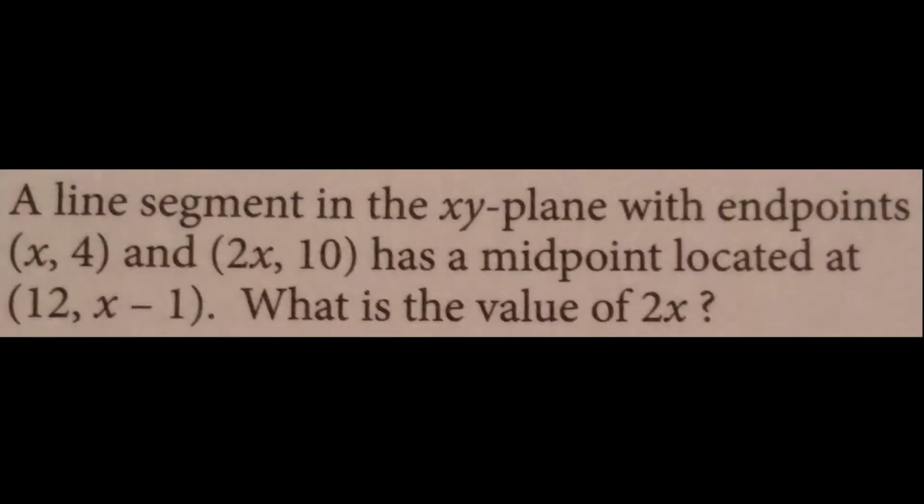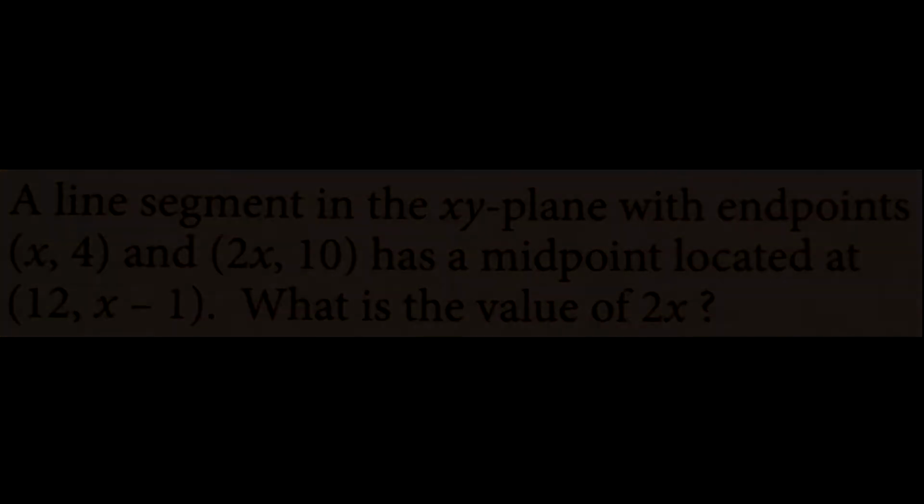Way to go. A line segment in the xy plane with endpoints (x, 4) and (2x, 10) has a midpoint located at (12, x minus 1). What is the value of 2x?